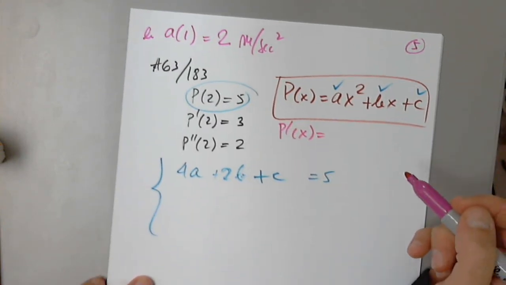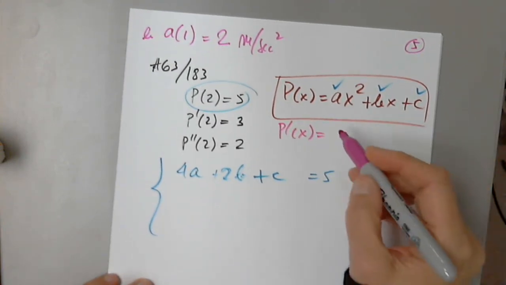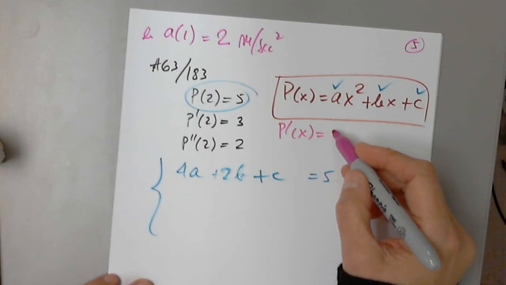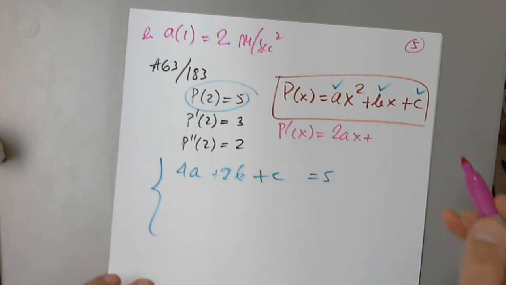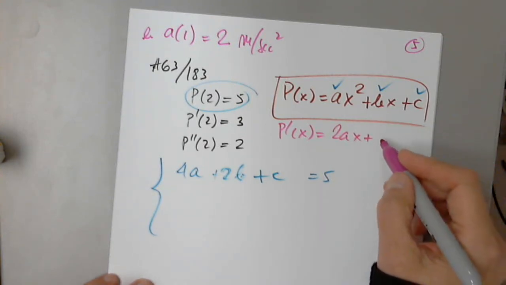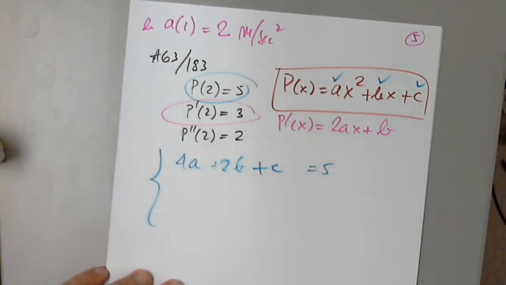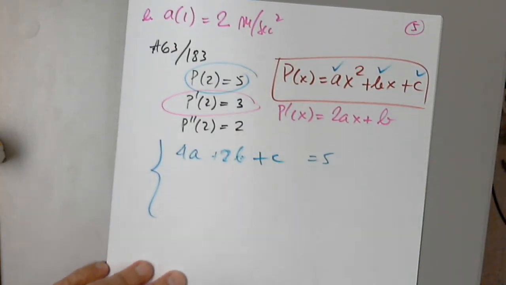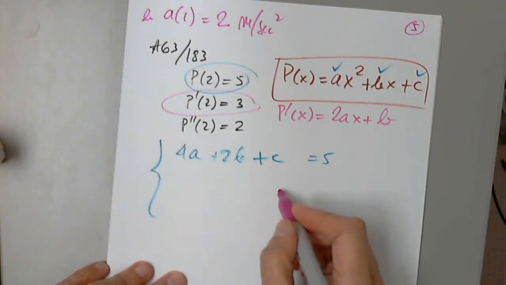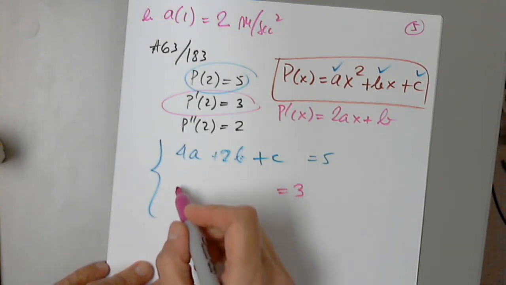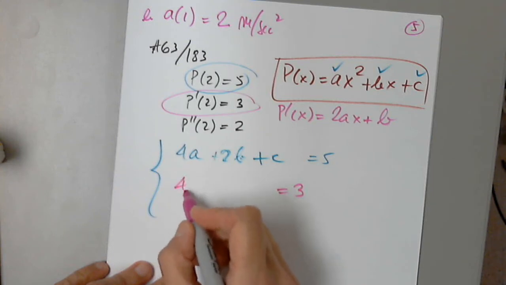Can anyone give us p prime of x? 2ax plus b. Very good. So can anyone now give us the second equation? 4a plus b equals 3. Very good.